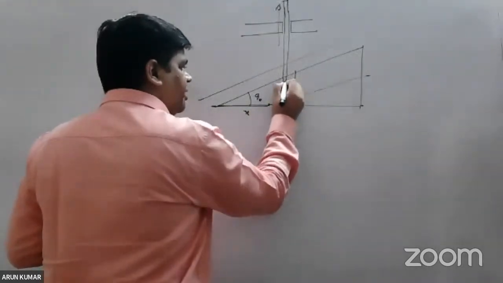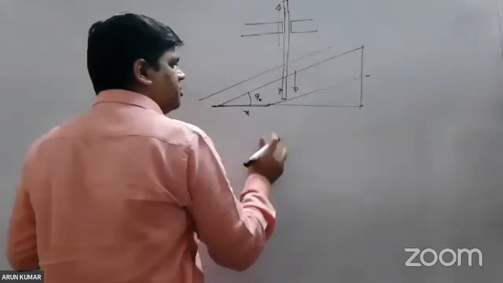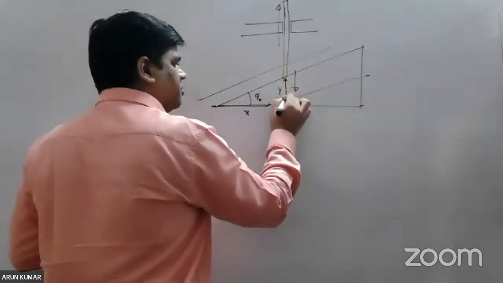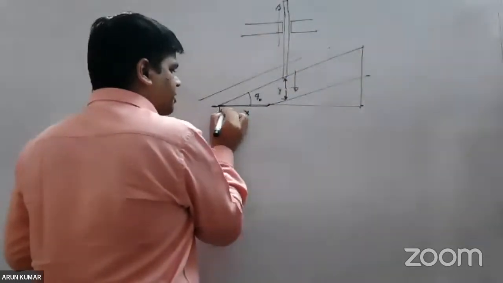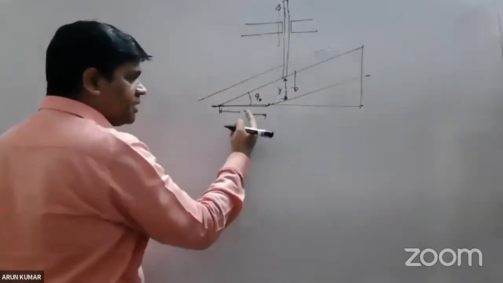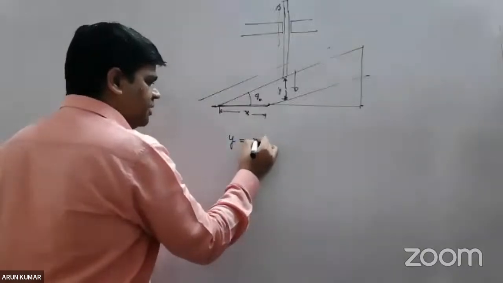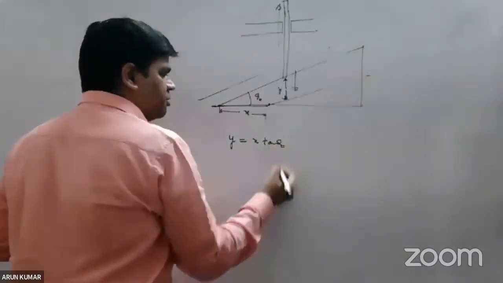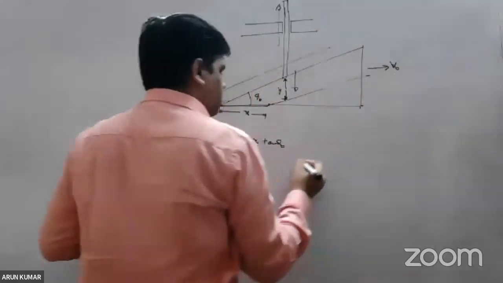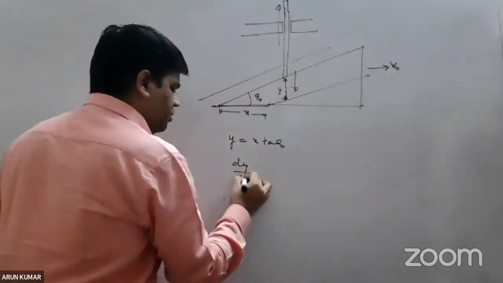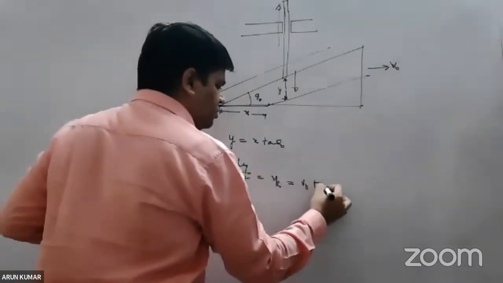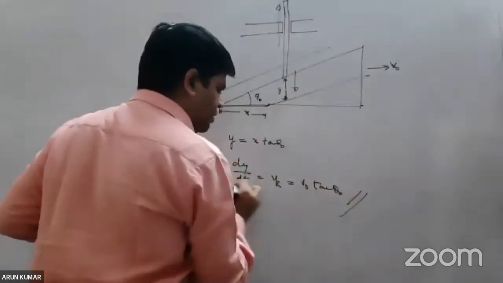Okay. Now let the wedge move towards right by x. This rod comes down by y. If this is moving towards right by x, and this rod is coming down by y, y by x is tan theta. So y is equal to x tan theta. If this is going at velocity v naught, dy by dt, which is the velocity of the rod, is equal to v naught tan theta.